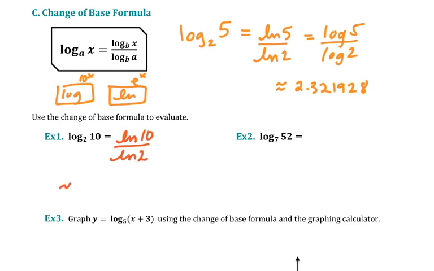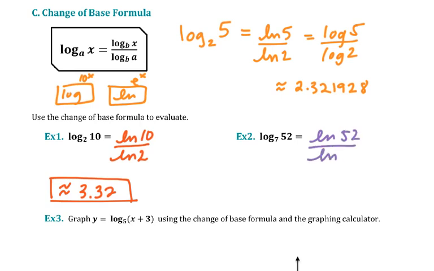And doing this, I should get approximately 3.32. Or say, for example, log base 7 of 52, that would be ln 52 over ln 7, which gives me approximately 2.03.